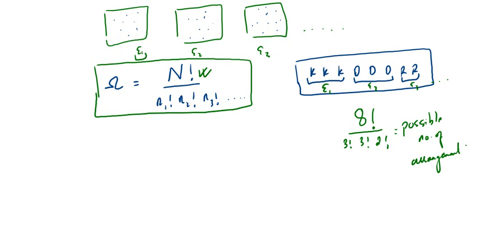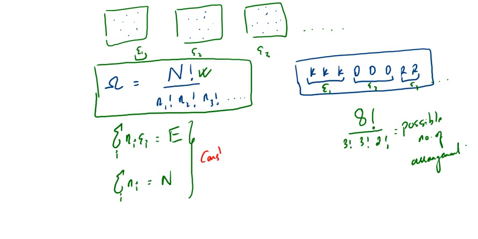The two constraints were summation over i of NiEi equals the total energy, and summation over i of Ni is n. So based on these two constraints, Boltzmann tried to find a distribution.